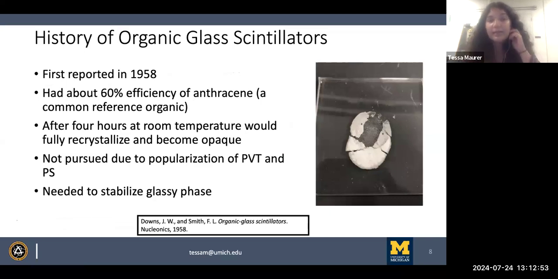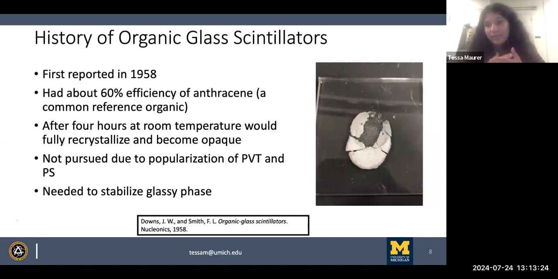It had about 60% efficiency compared to anthracene, which is a pretty common benchmark among organics. So that was pretty promising. But the problem was that after 4 hours at room temperature, it would fully recrystallize, like you see here, and become very opaque. That, in addition to the popularization of PVT and polystyrene becoming very available, led people to go away from this.